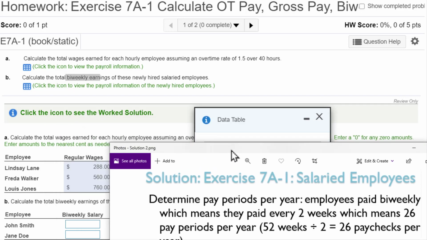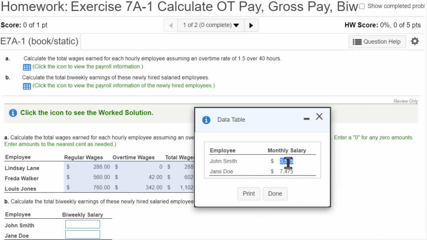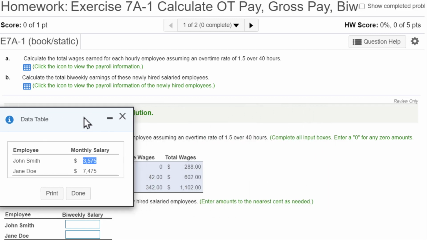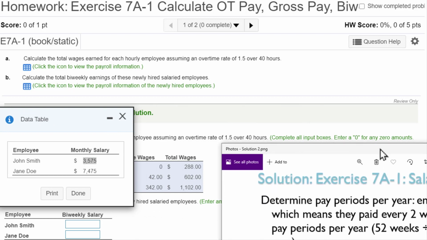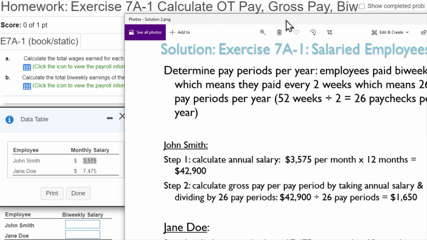What we're going to do with this monthly salary is convert it to an annual salary and then divide by the number of pay periods in a year, which is 26. So here's how I do that for John Smith. Step 1, we calculate his annual salary. We take the $35.75 per month. Remember, this is a monthly salary.